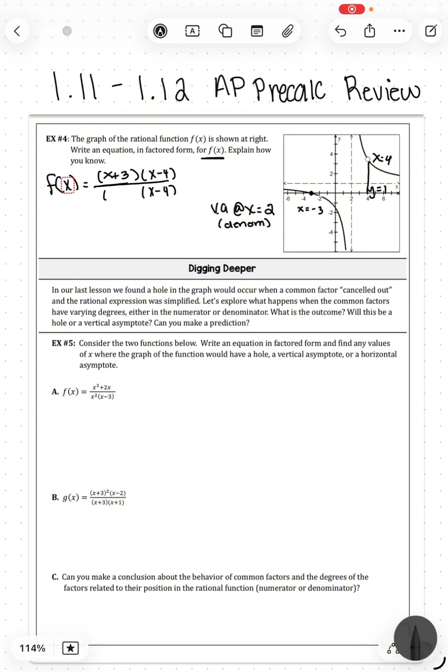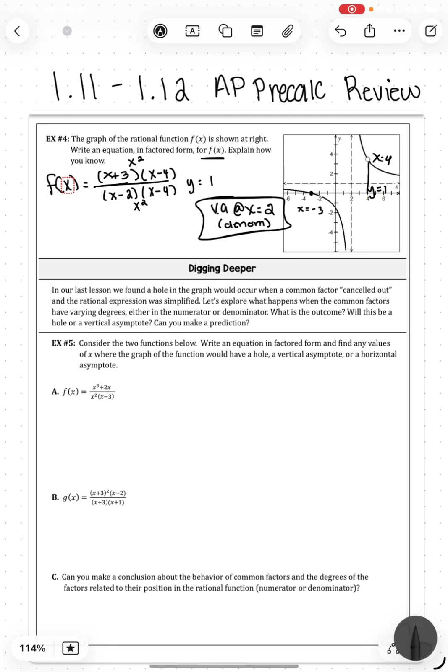And then x minus 2 for our positive 2 vertical asymptote. And this x squared over x squared gives us y equals 1. And that's how we know this is right.